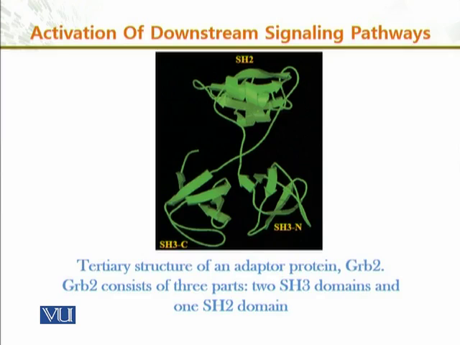The tertiary structure is very important in the biological system because it changes the conformation, they change their nature, to control the cell signaling. So you can see here that GRB2 consists of three parts: two SH3 domains and one SH2 domain. So they will make GRB2, which will make the signaling of the cell possible.